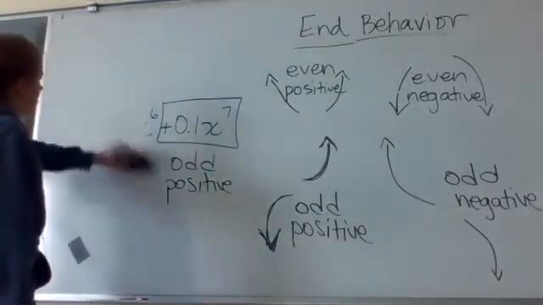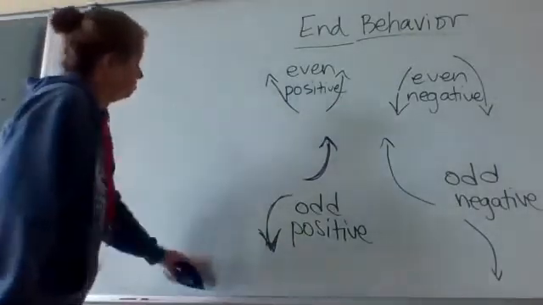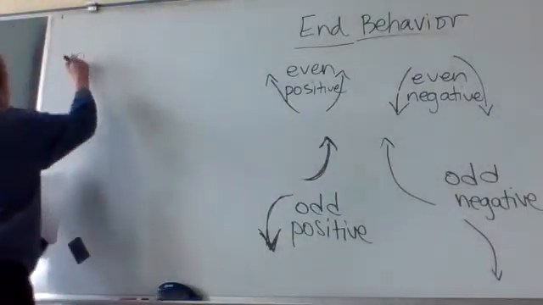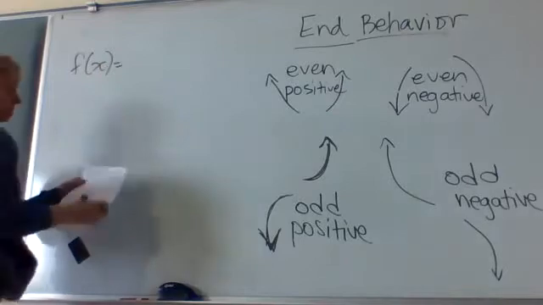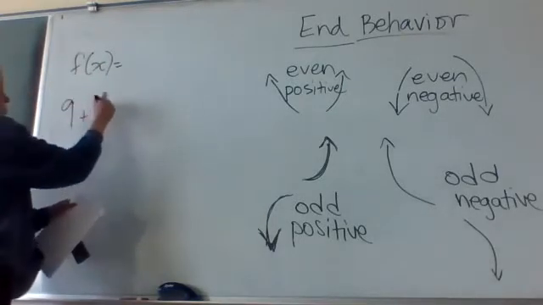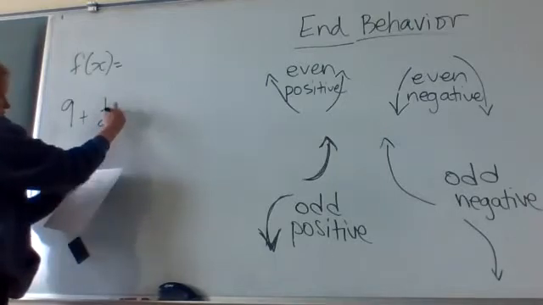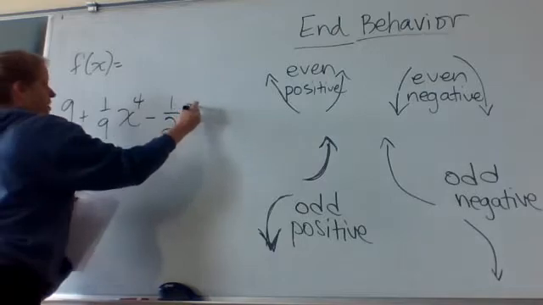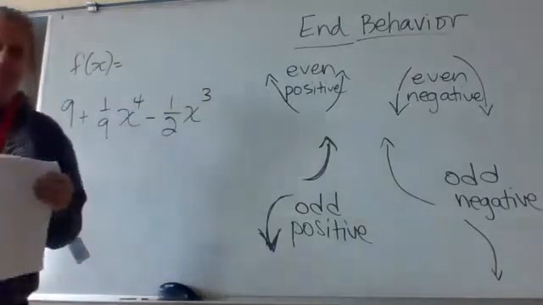And the last one like this, number 4. F of x equals 9 plus 1/9 x to the 4th minus 1/2 x to the 3rd.